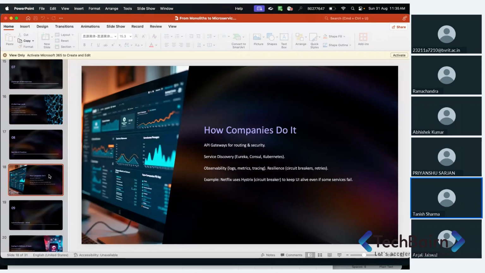API composition means, if you talk about Amazon or any other app, if you open it on your mobile, you will see different visuals, and if you open it as a website, you will see different visuals and different capabilities. That is known as API composition, and it is catered with the help of API gateways, right?